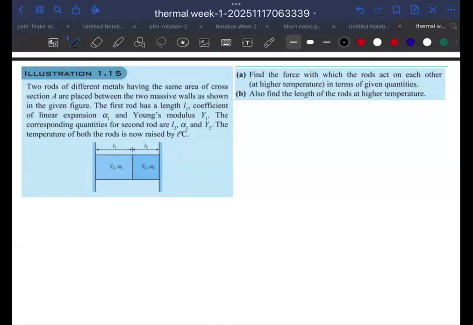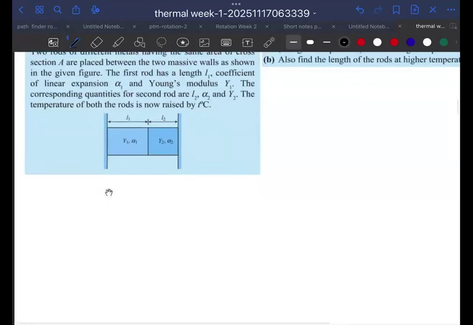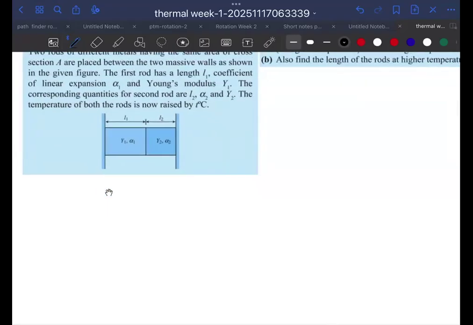What have you understood here? Now, what is actually happening here otherwise? See here, what is happening? Two rods, different materials. Right, okay. So now what exactly is happening over here? Let us try to analyze.